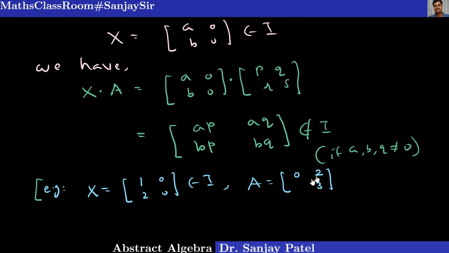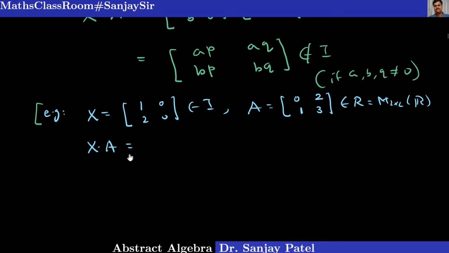Let me choose some nice numbers so that you will not be confused. So let me take some element from the ring R, M2 cross 2 of R. And if you multiply in this manner X into A, what you are going to get is 1, 2, 0, 0 into 0, 1, 2, 3.